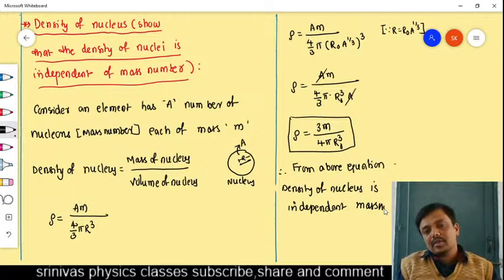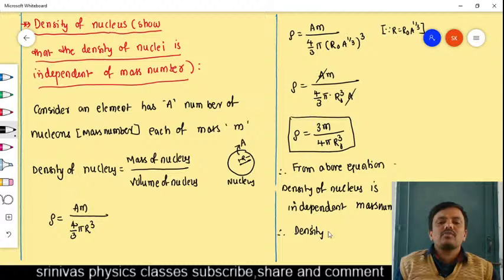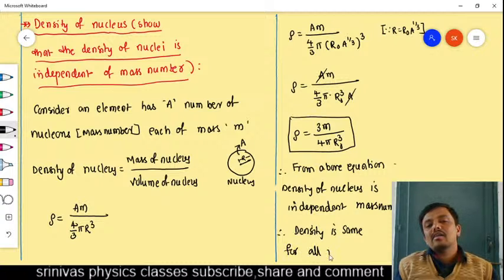And all the nucleons have the same density. Density is the same for all the nuclei. Why? It does not depend upon atomic number, it does not depend upon mass number. That's why the density of all nuclei is the same. Every nucleus has the same density.